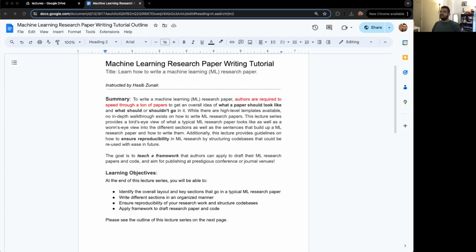Second, if you have ever found yourself overwhelmed by skimming through dozens of research papers to understand what goes into a ML paper, you're not alone. When I first started writing my own papers, I always found it scary and really struggled to figure out what to include or omit in my paper by taking inspiration and learning from countless others.